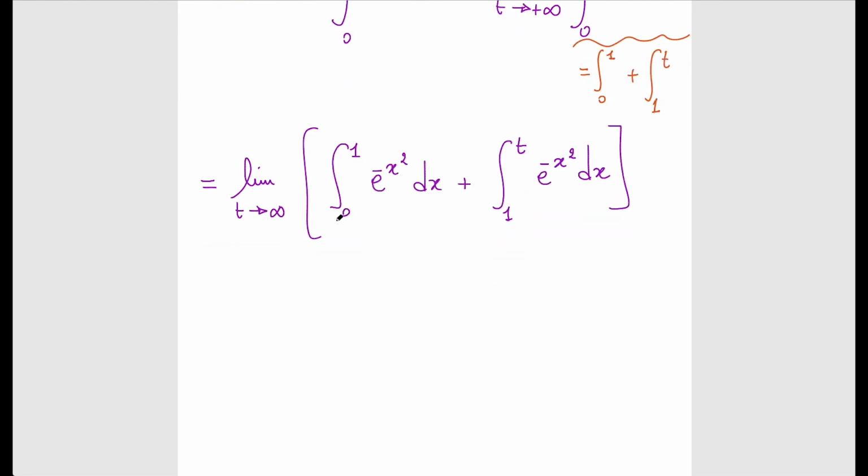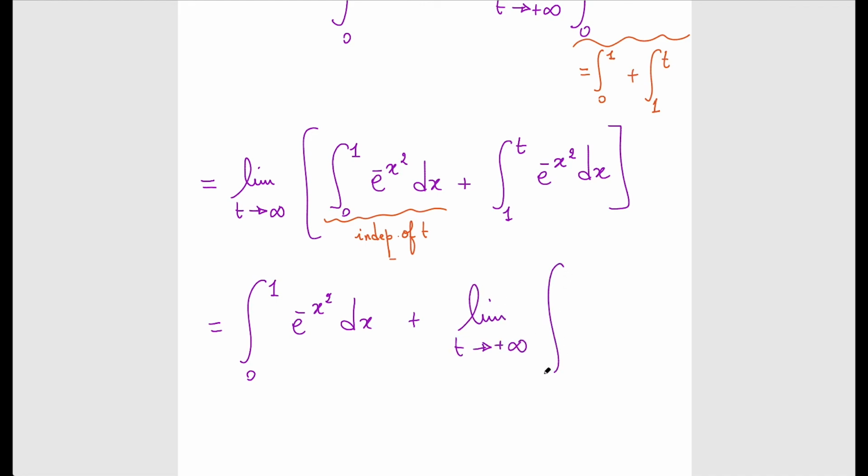And then since this guy is a constant with respect to t, so this is independent of t, right? So this limit, you can split the limit of that constant independent of t. So this constant is itself, so 0 to 1 e to power negative x squared dx, plus the limit as t goes to plus infinity, the integral from 1 to t e to power negative x squared dx.